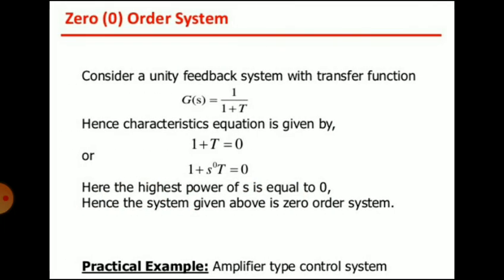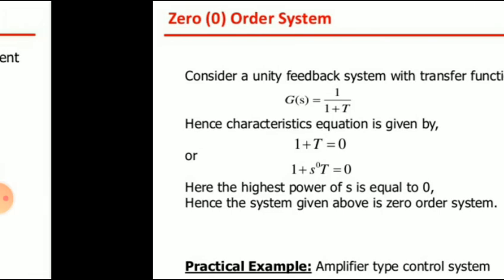Hence the characteristic equation is given by 1 + t = 0, or 1 + s^0 t = 0. Hence the highest power of s is equal to 0. So the system given above is a zero order system. A practical example is an amplifier type control system.